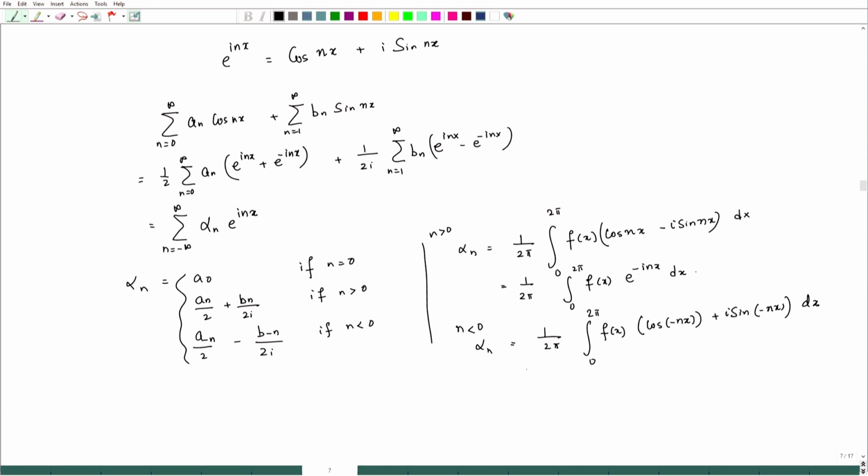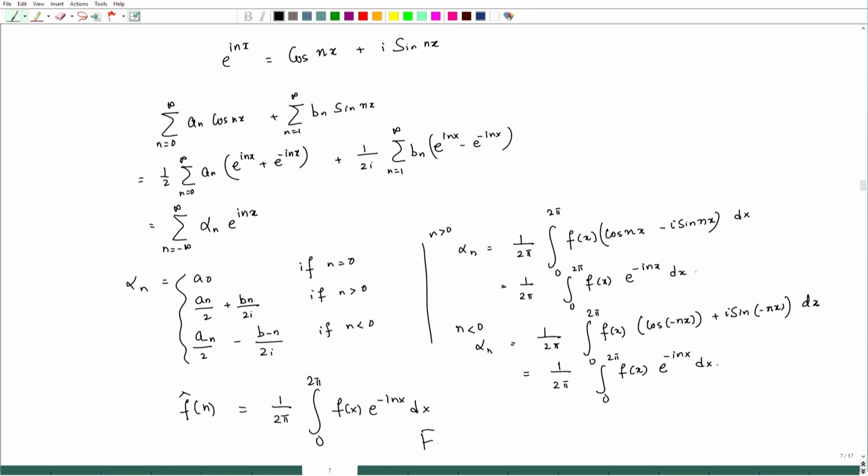Now, this is again equal to 1 by 2 pi integral 0 to 2 pi f of x e to the power minus i n x dx. So, this we can write as f hat of n is equal to 1 by 2 pi integral 0 to 2 pi f of x e to the power minus i n x dx.